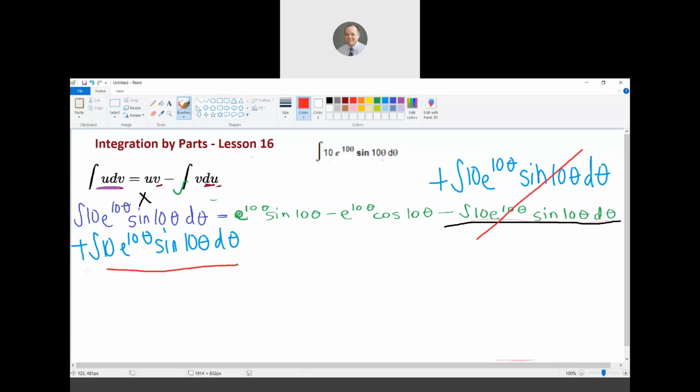And on the left-hand side, since we got two of them, that's like saying x plus x is 2x. So two of these same integrals is actually 2 times the integral of 10e to the 10 theta sine of 10 theta d theta, equal to what's remaining on the right-hand side.